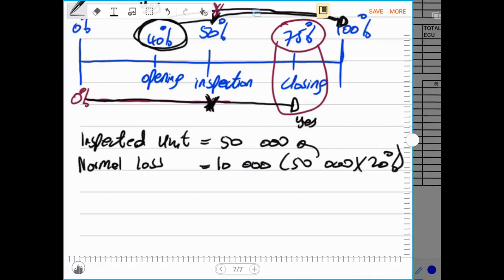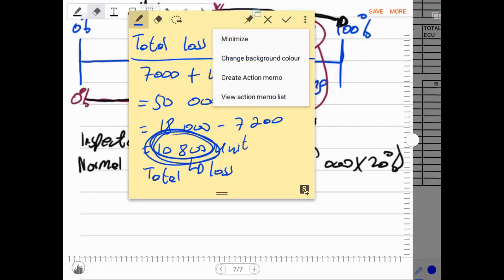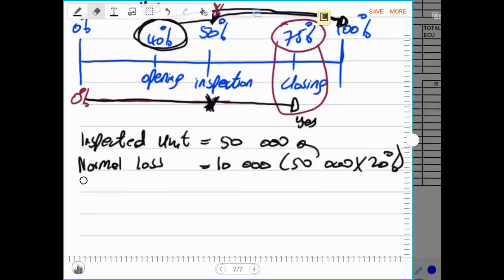So now if we have our normal loss, we also have to calculate our abnormal loss, because we are aware that our total loss is 10,800. This is the total loss that we have incurred, that we have calculated. So we have to say our total loss is 10,800, and we have calculated that.